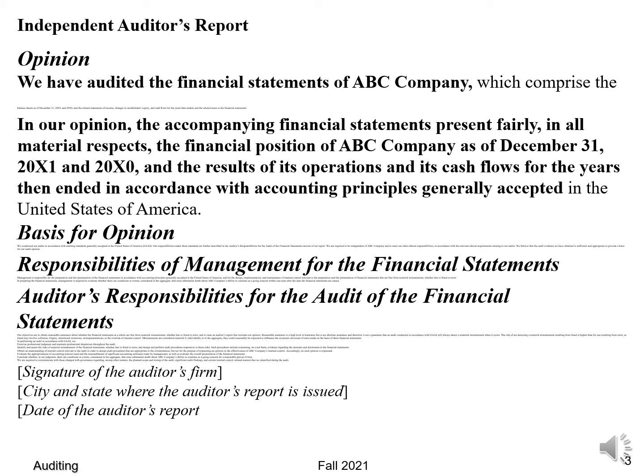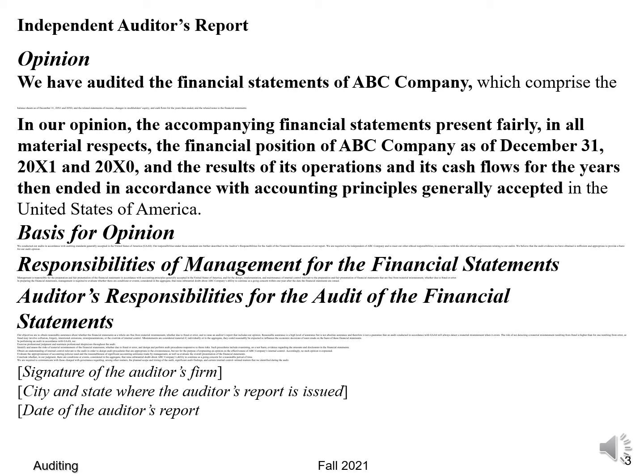We also know by now that the balance sheet is as of December 31st, and the income statement, statement of retained earnings, and statement of cash flows are for the year then ended. So, to me, all you have to learn is we have audited the financial statements of. The rest you already know.